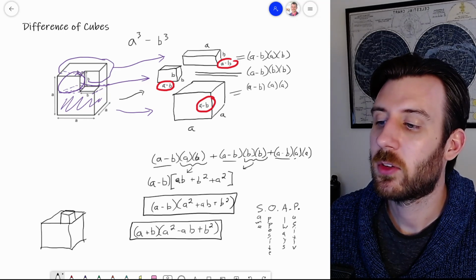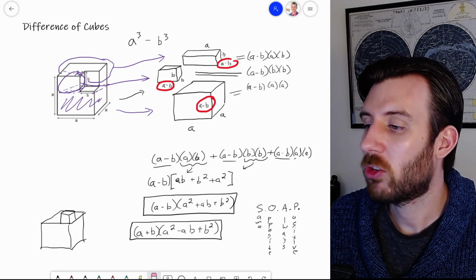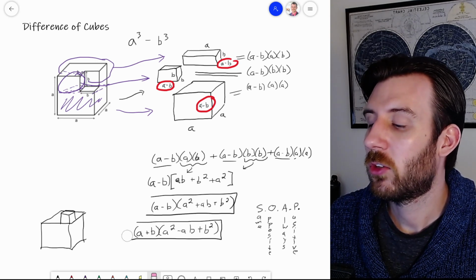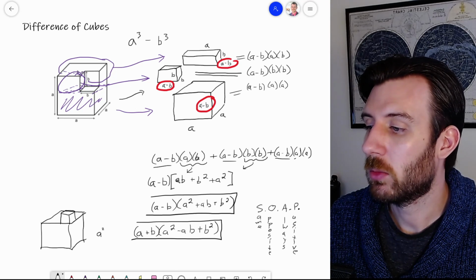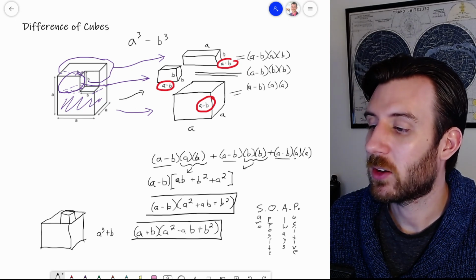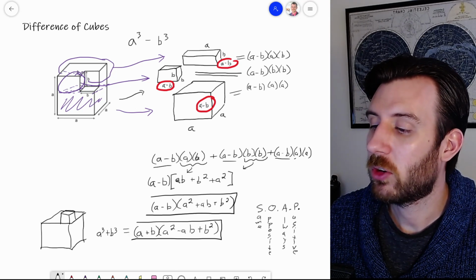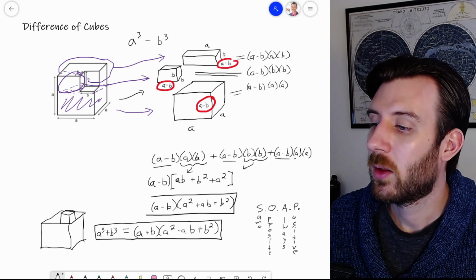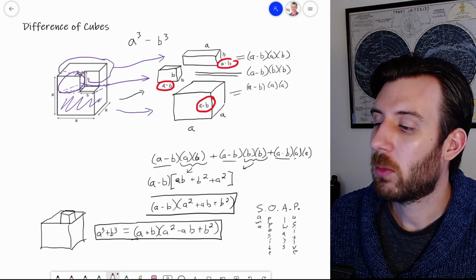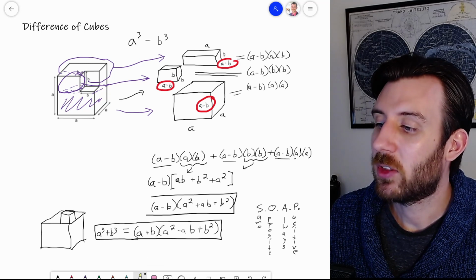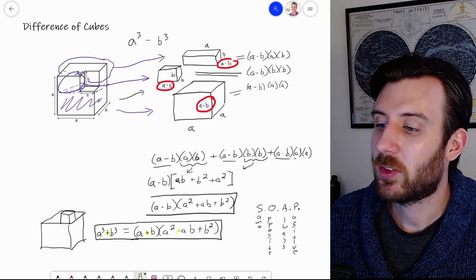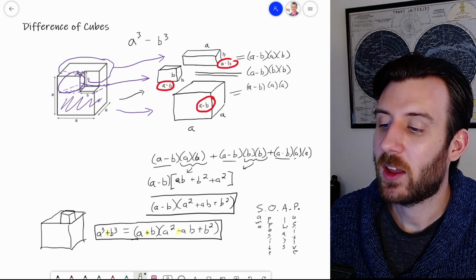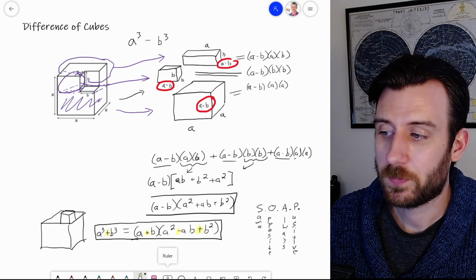What it means is that if you are starting originally with the sum of cubes, which is A cubed plus B cubed, and you'd like to expand it, you can do that. And remember that the formula after that has the same sign first, the opposite sign next, and then the last one is always positive.